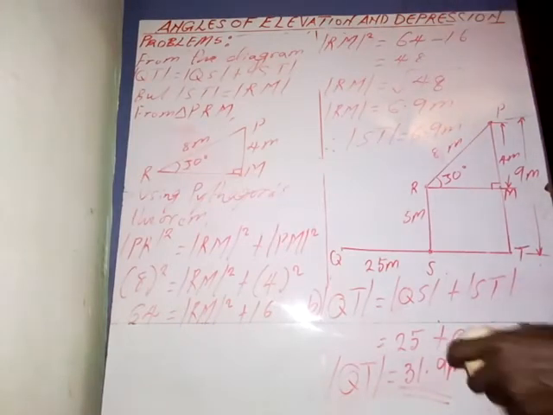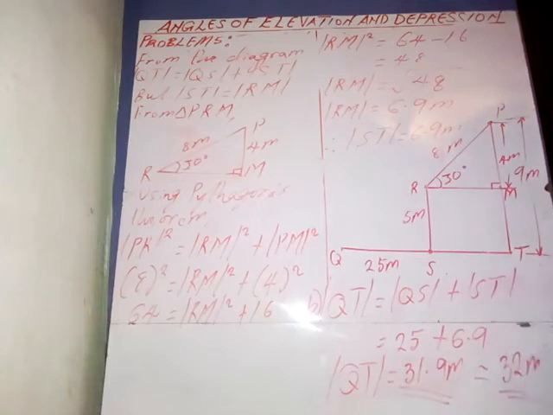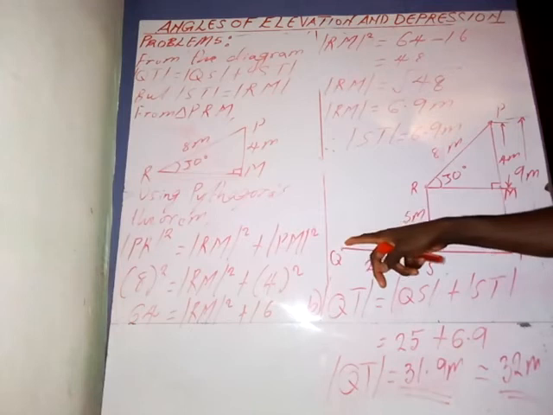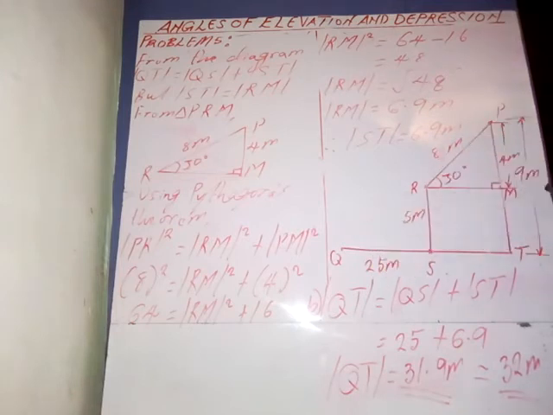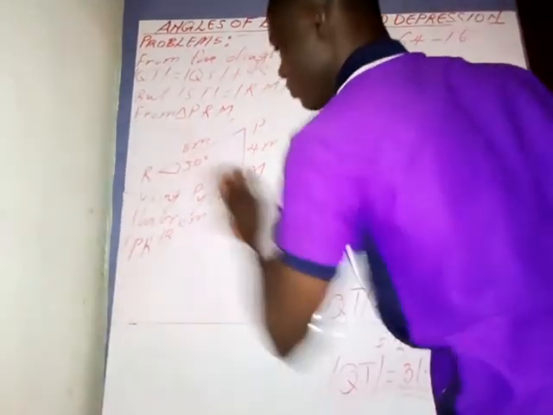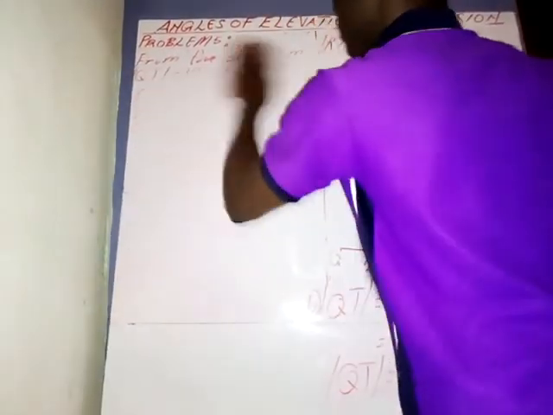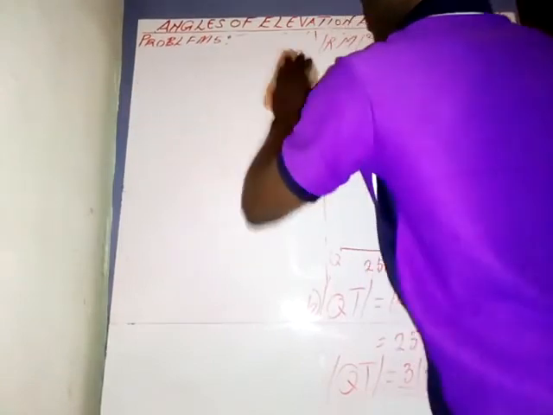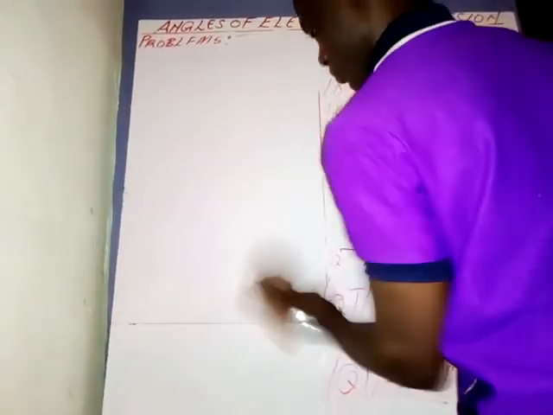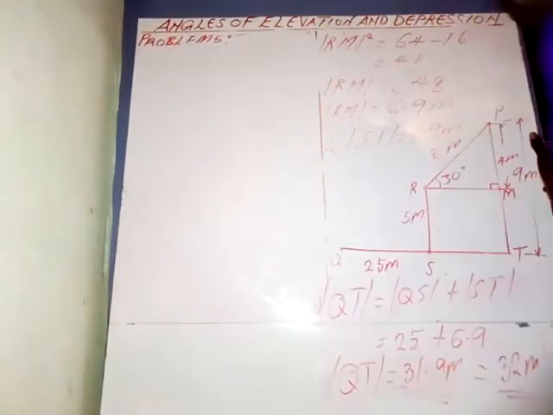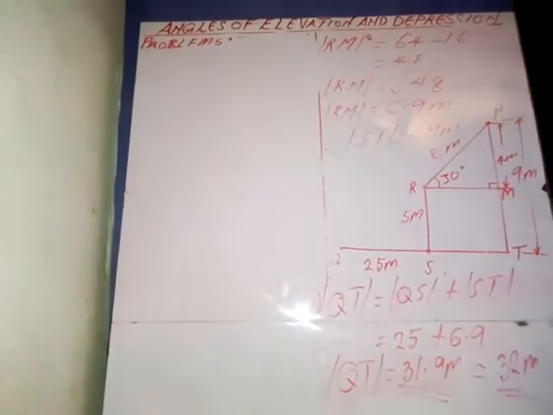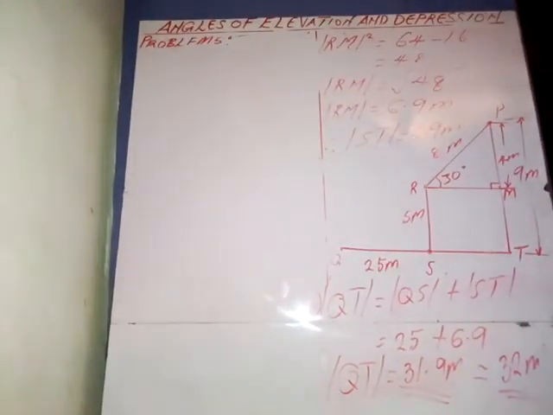So the next question is question C, that we should find the angle of elevation of P from Q. So I'll rub this off. Okay, angle of elevation of P from Q. So how can we get that?